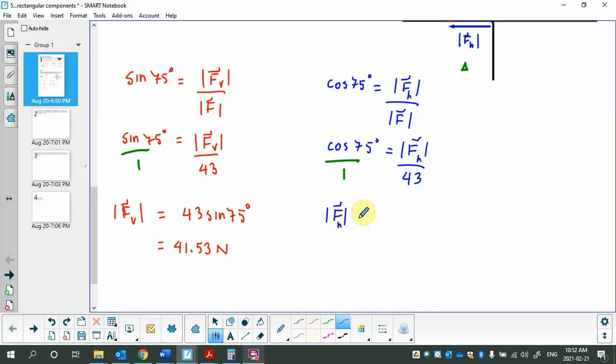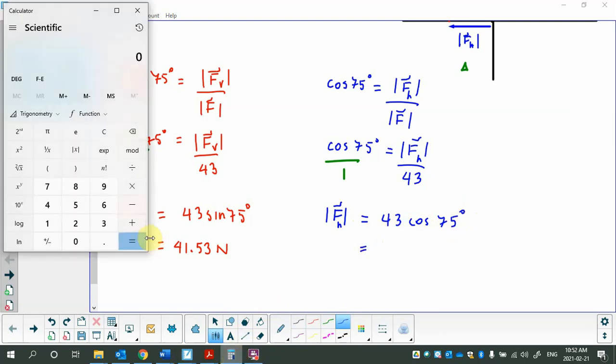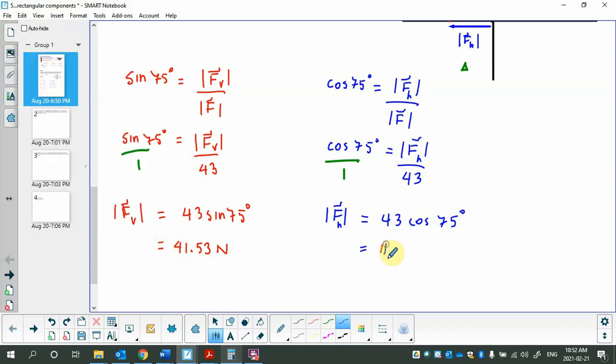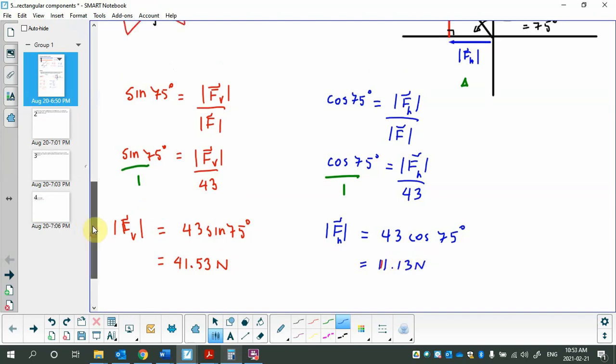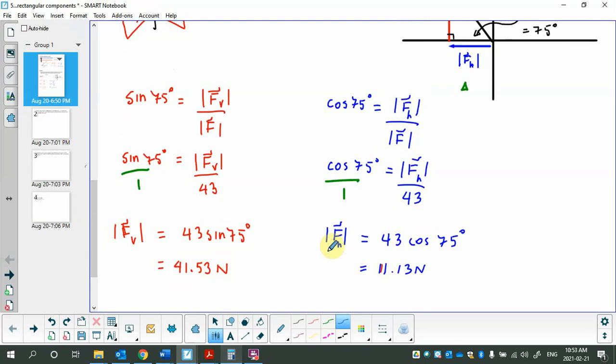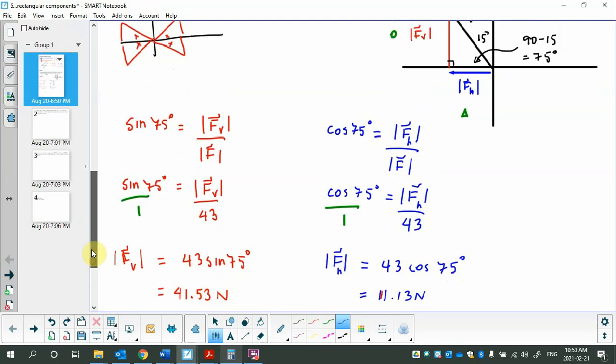There's lots of symbols, and they're just as annoying for me as they are for you. Times 75 cos equals 11.13. Okay, so we have our vertical component and we have our horizontal component, and that's all that was asked for.